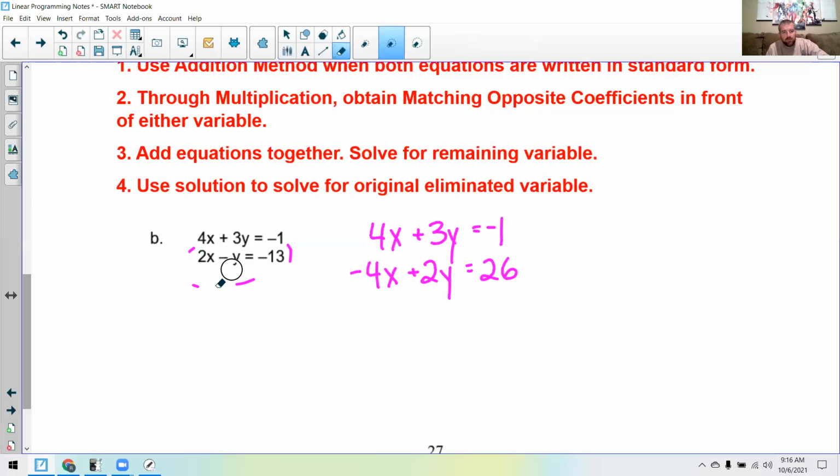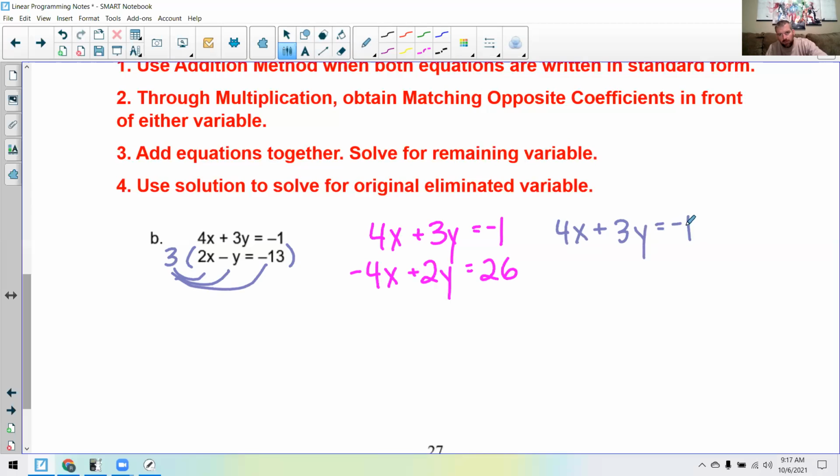If you wanted, you could also multiply. Let's say you want to get rid of the y's. You would multiply the bottom equation by 3. If I multiply the bottom equation by 3, the top equation will stay the same, 4x plus 3y equals -1.